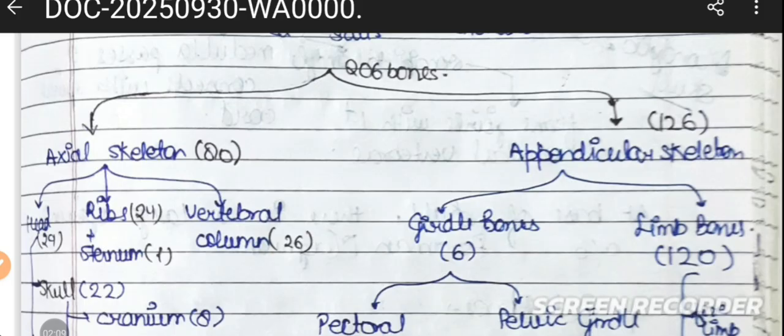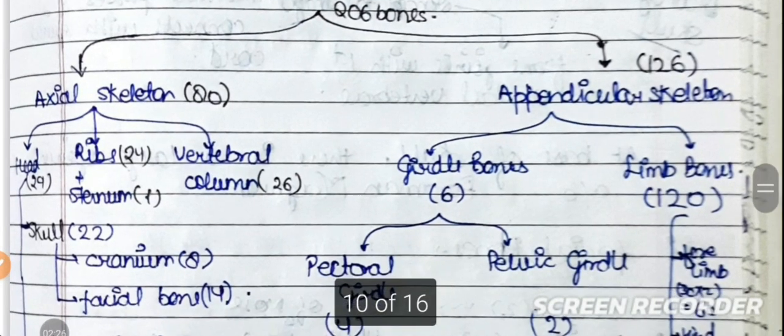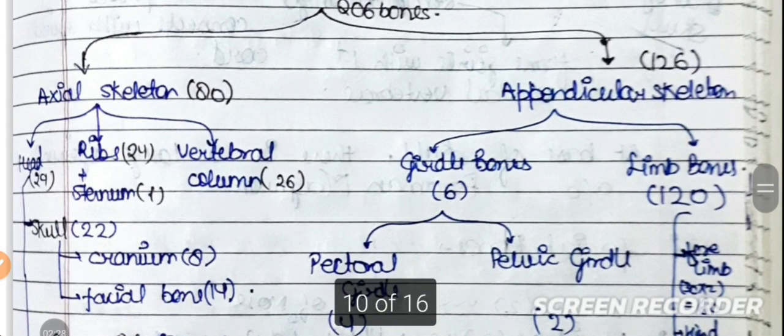In the head there are 29 bones, whereas the ribs consist of 24 bones and a single sternum, and the vertebral column comprises 26 bones in an adult. I'm saying in an adult and I'll prove it to you. In the appendicular skeleton, we have 6 girdle bones as well as 120 limb bones. When we talk about limbs, we are collectively talking about our hands and our legs.